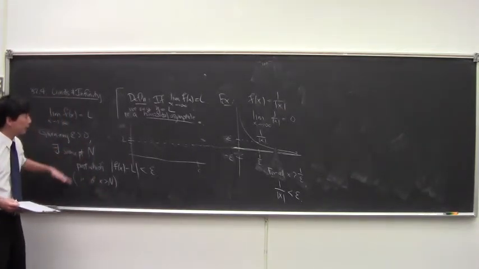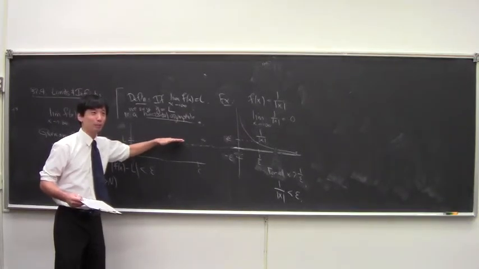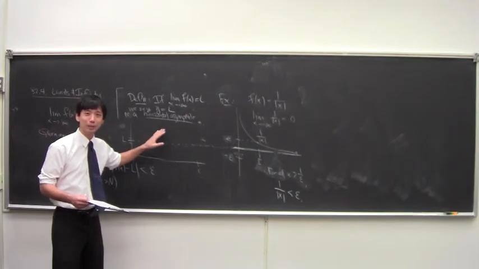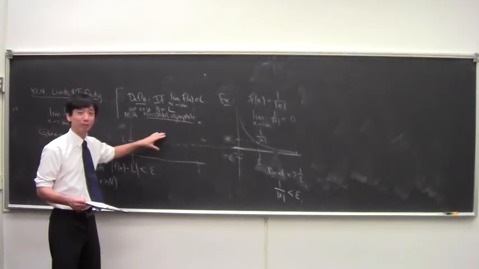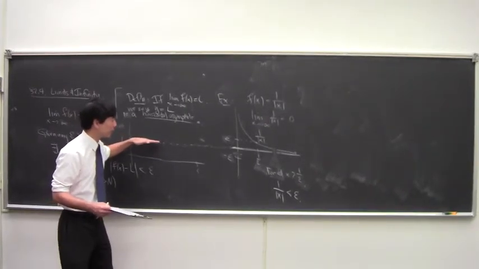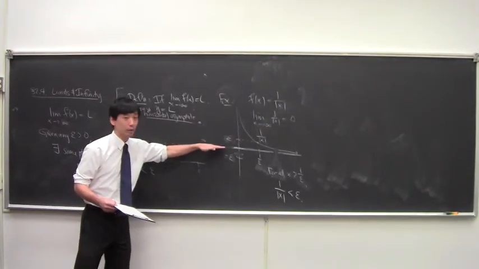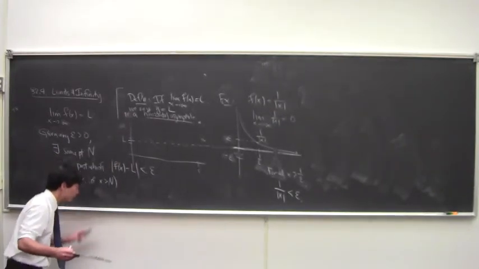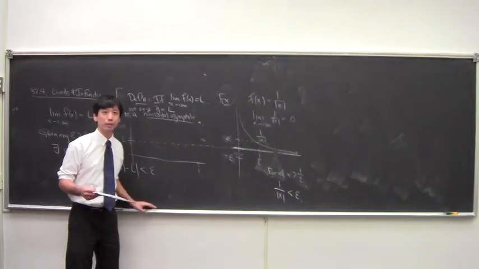I should say that sometimes people say you're not allowed to touch the asymptote, that this is not an asymptote because your function is not allowed to touch it. It's okay. The function can touch it. I'm not sure why people say this. All we mean is that the limit is that value, that the function becomes arbitrarily close to that line as you go towards infinity. That is, you can make the function as close to the line as you desire.